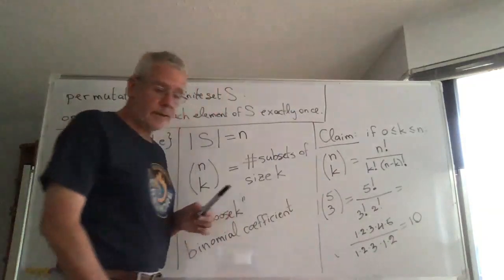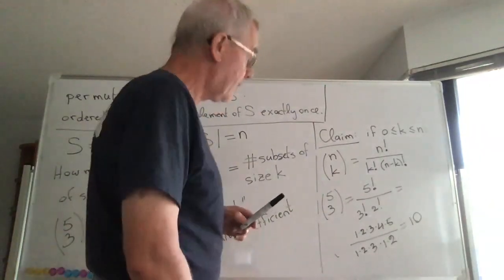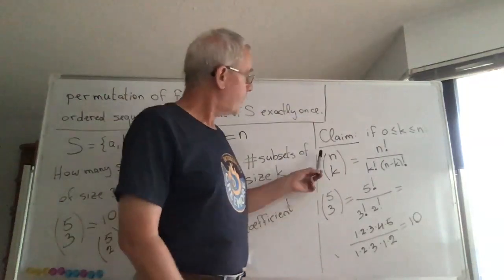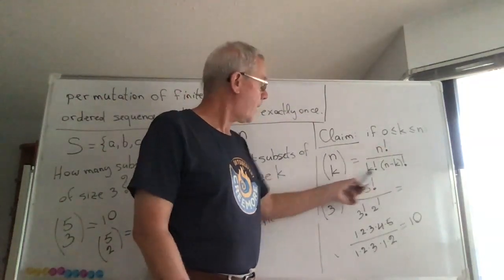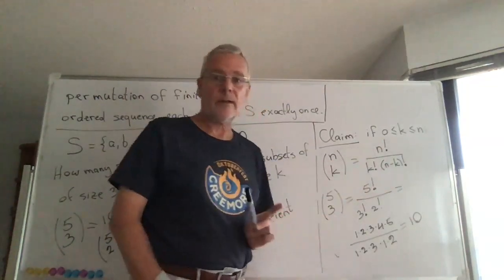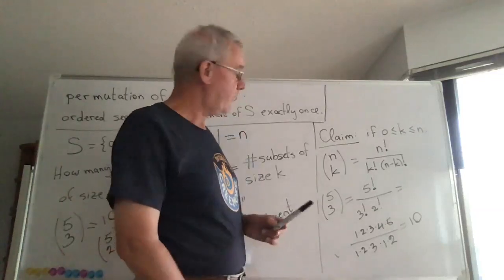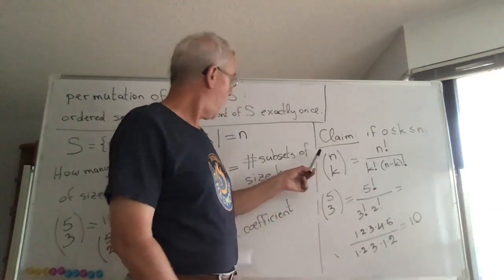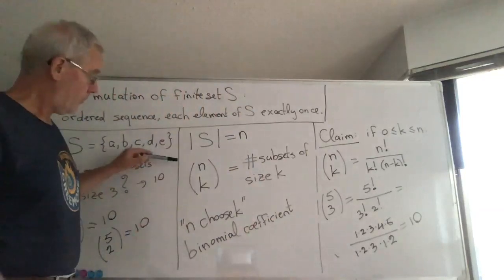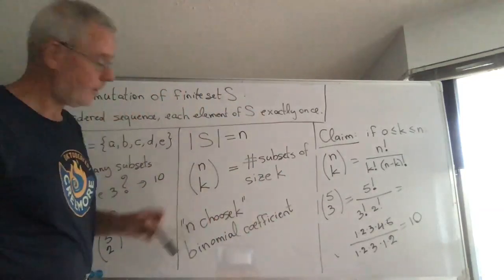So this is the end of lecture number 3. In the next lecture, I will start by showing you why n choose k is equal to this fraction. As always, write this down on a piece of paper, basically this part here, and keep it next to you.